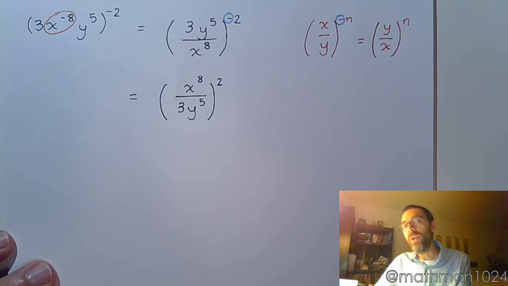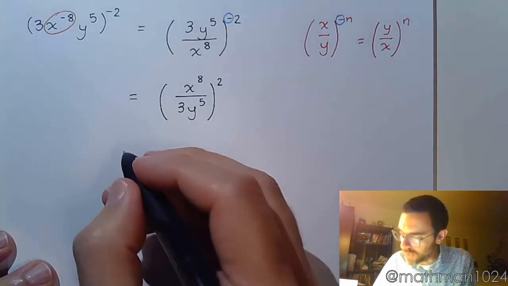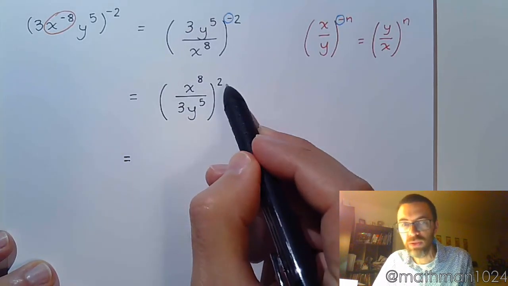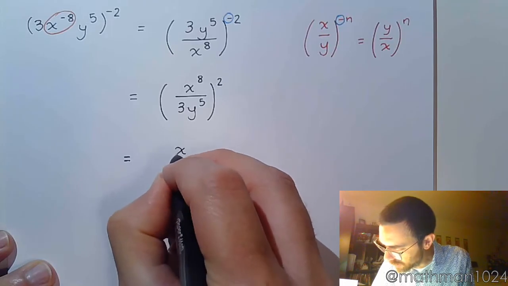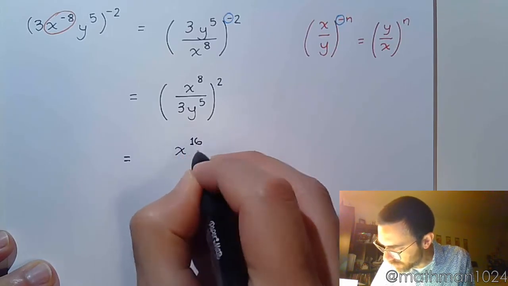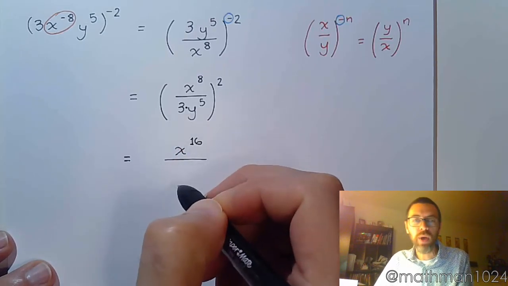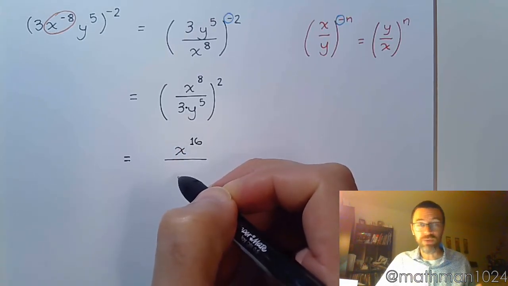And now what we can do is that we can just square each of the factors that we have inside. So when I look here, x to the 8th squared is going to give me x to the 16th. In the denominator, remember, this is 3 times y to the 5th, so you have to treat those guys as separate factors.